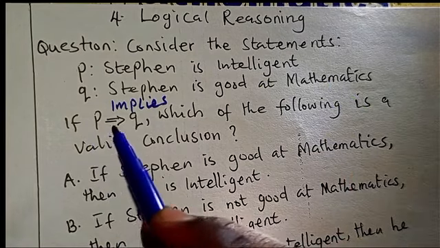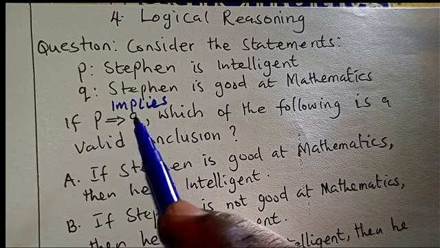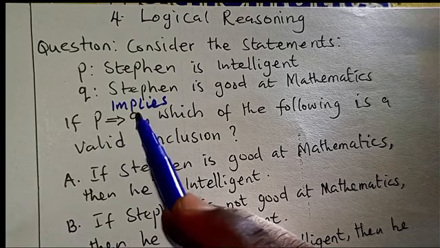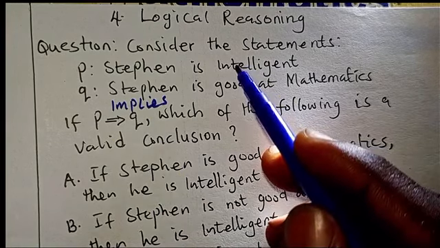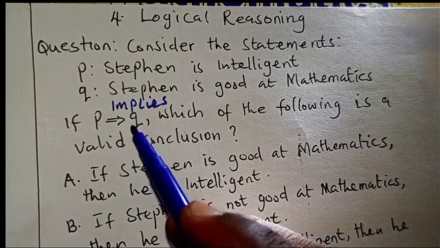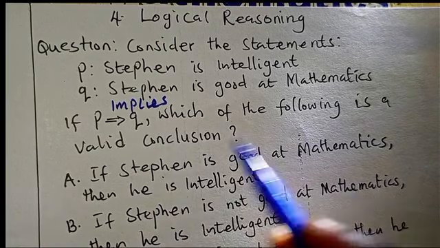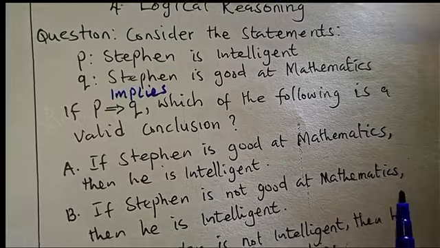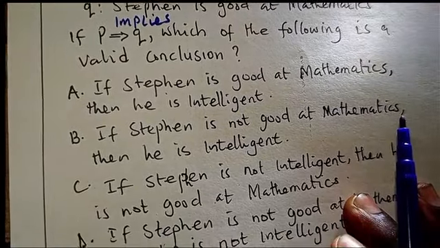Right? So the statement P implies Q is like a compound statement that is combining P and Q together, and that's why we have P implies Q. So which of the following is the valid conclusion? Now we have these options here.